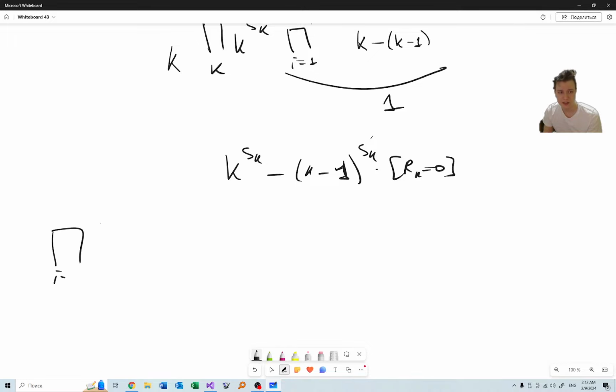Product from i equals 1 to n of a_i minus, and this is to the power qk.